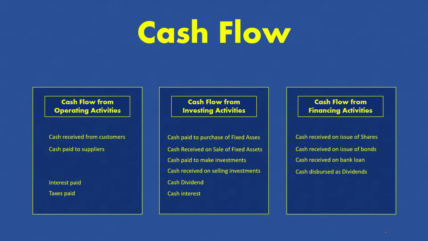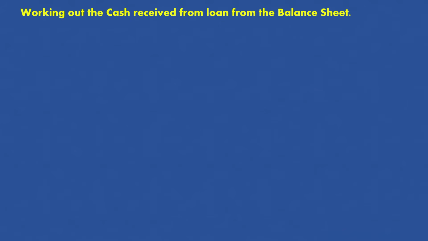Now it might look a little complex at the beginning, how we are going to extract the cash values from the profit and loss statement and the balance sheet, but in reality it won't really be that difficult. So to understand that, let us take one example, and let us begin from one example of a loan, and everything will be worked out in the same way.